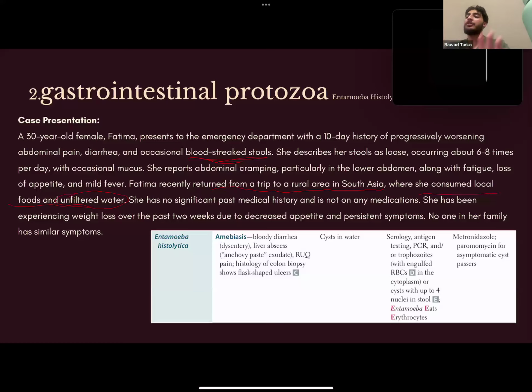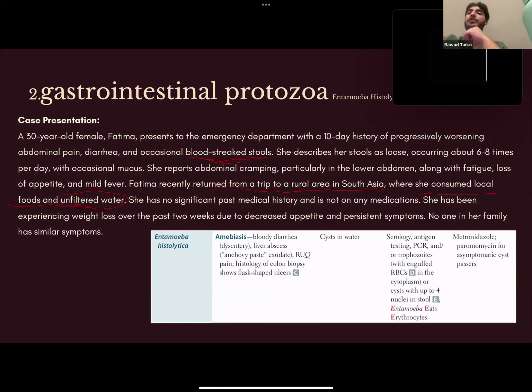You get it? The main thing you should be looking at is drinking unfiltered water, and then she gets blood-streaked stools. So this is amoebiasis. It causes bloody diarrhea, liver abscess, right upper quadrant pain, and also causes flask-shaped ulcers in the colon. That's how it invades the epithelium.